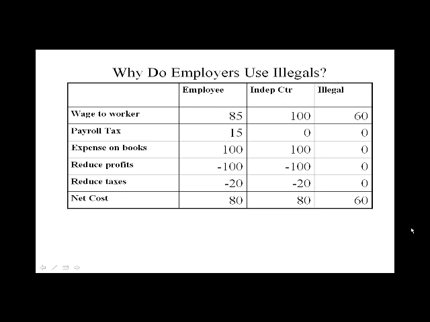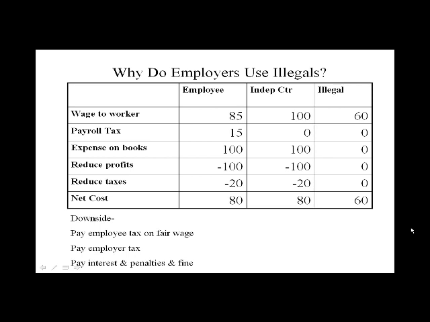So even though we can't put it on the books, even though it doesn't reduce our taxes in any way, it's strictly cash out of pocket, it costs us less.